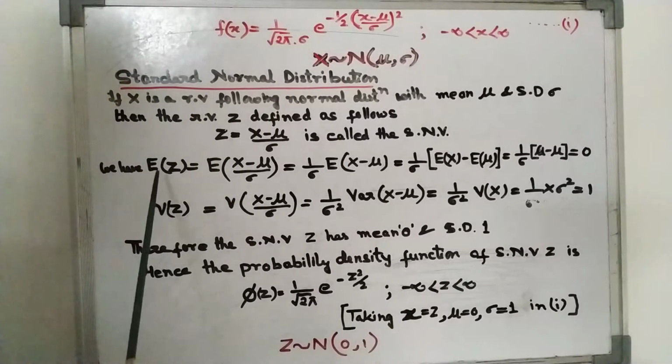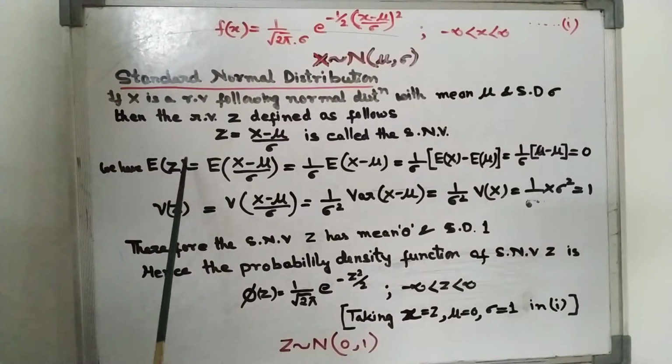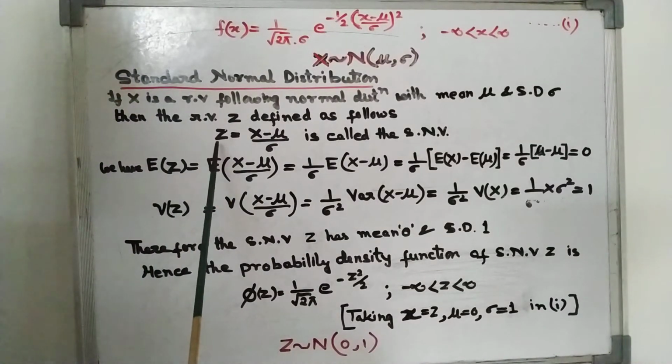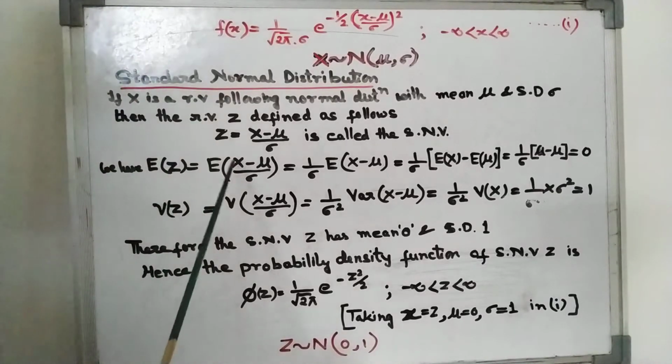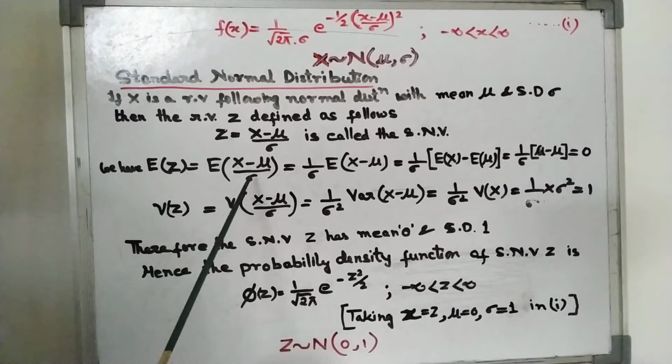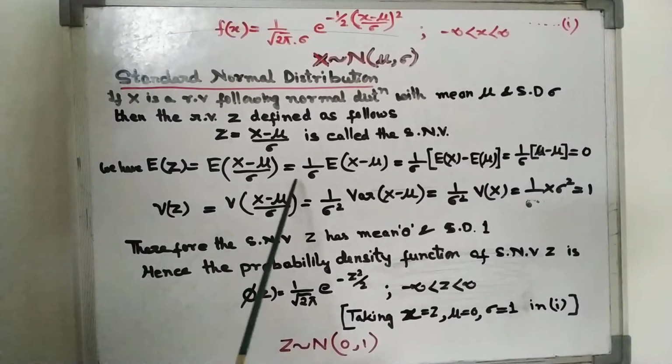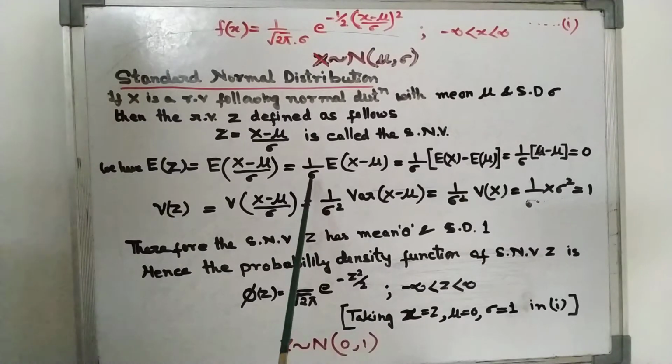We know that the expectation of x is the mean. Our standard normal variate is z, so we write the expectation of z. Z is x minus mu divided by sigma. Here 1 by sigma we bring outside because sigma is a constant.